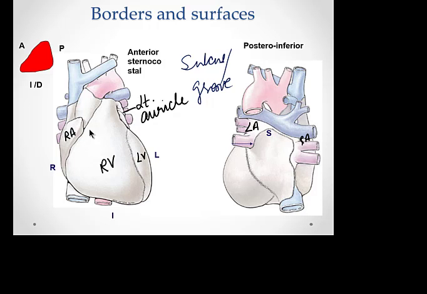This atrioventricular sulcus is also called the coronary sulcus because we will see that it goes around the heart like this, separating the atria above from the ventricles below. And lying in this coronary sulcus are blood vessels, and these blood vessels give off branches which come down like this. So this kind of looks like an inverted crown.